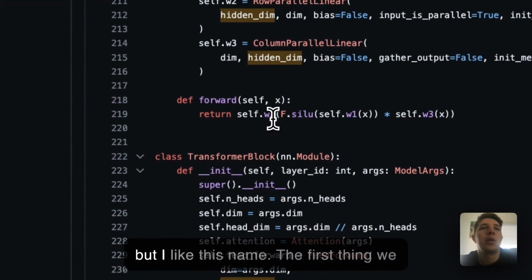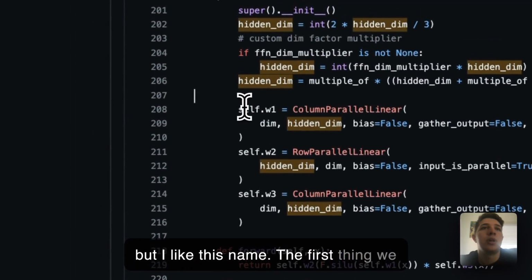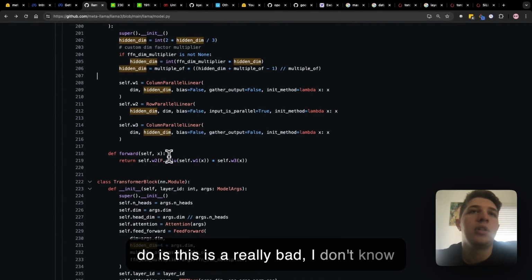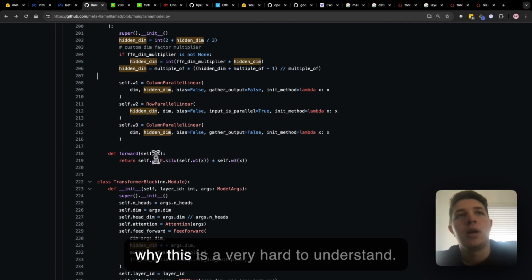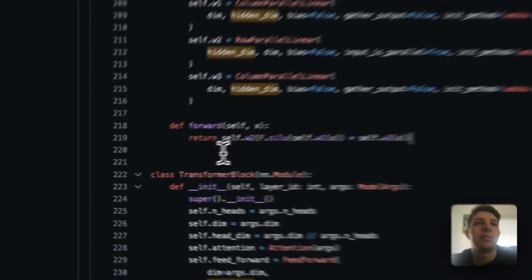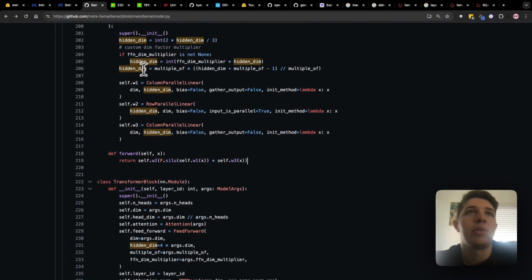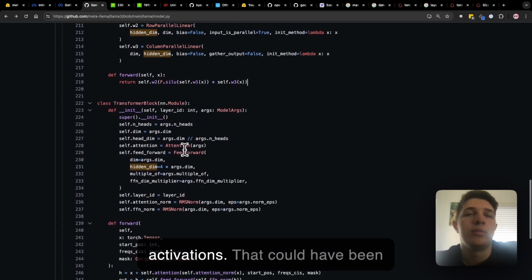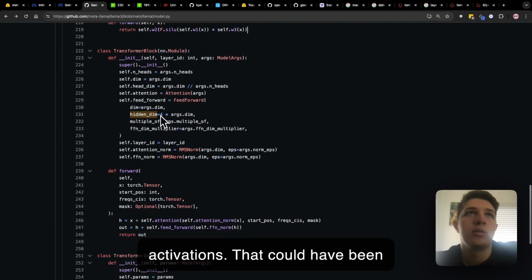I don't know why, but I like this name. So the first thing we do is, they did this really badly. I don't know why they did. This is very hard to understand. They're just applying these linears with these activations. That could have been made better.